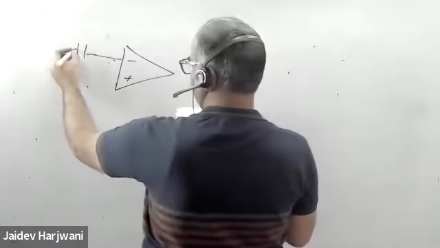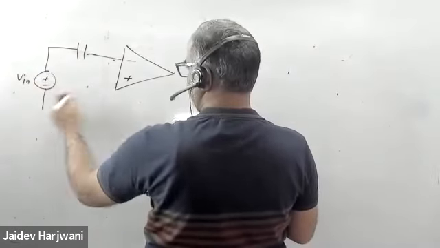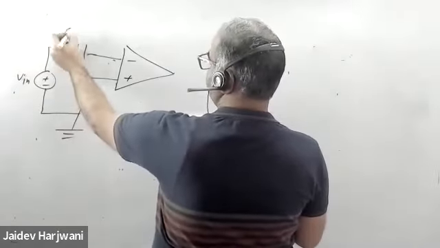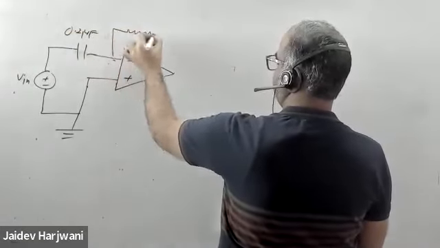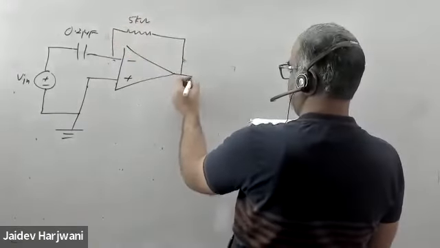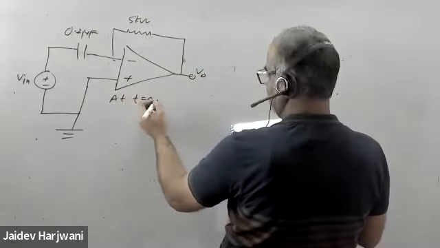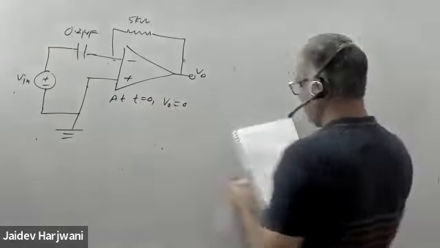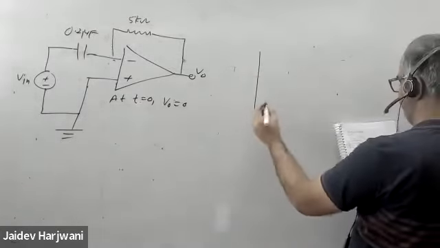Here is the capacitance, the value is 0.2 microfarad. They give you V input, and all are grounded. They give you one resistance of 5 kilo ohm, and then this is your V naught. They say at t equals 0, V naught is 0, and they are giving you V input.